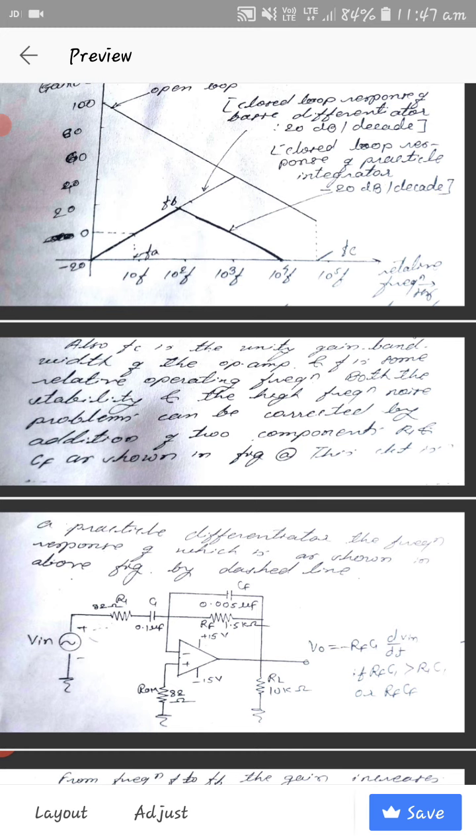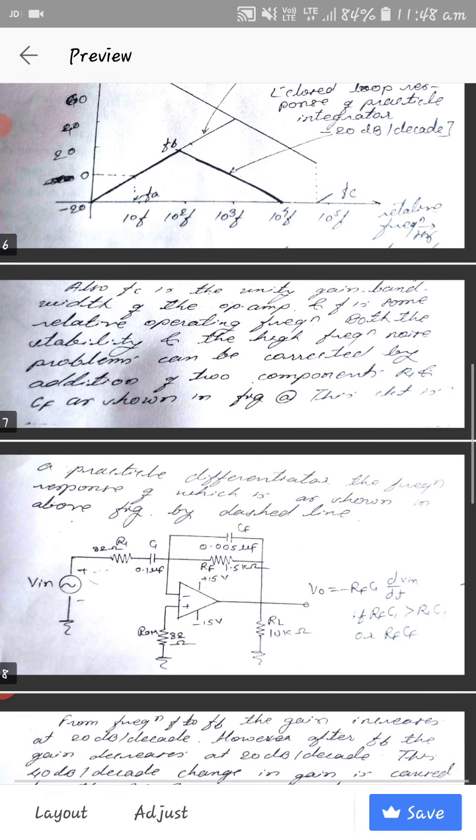Both the stability and the high frequency noise problems can be corrected by the addition of two components, R1 and CF, as shown in the figure.